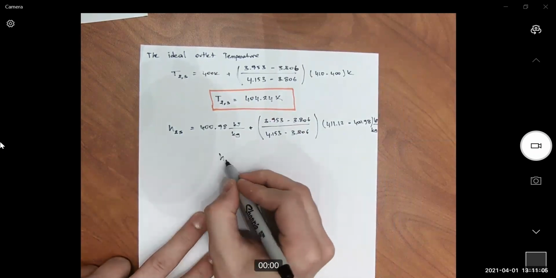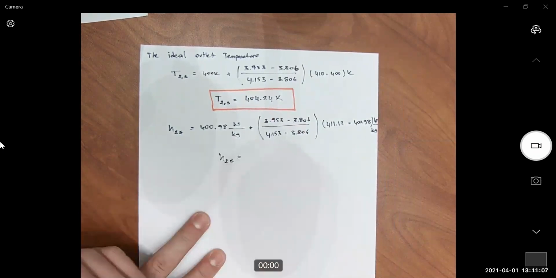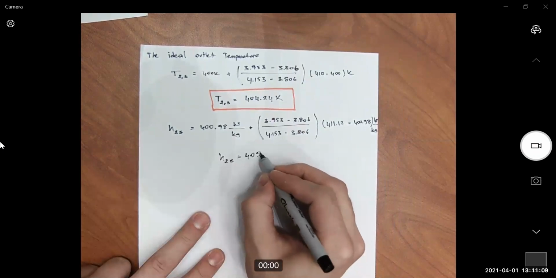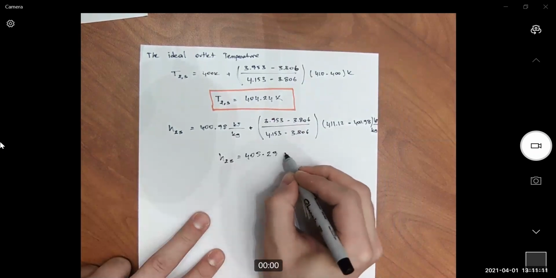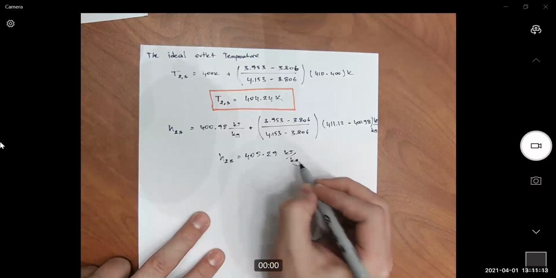So our enthalpy at the outlet for an ideal case will be 405.29 kilojoules per kilogram.